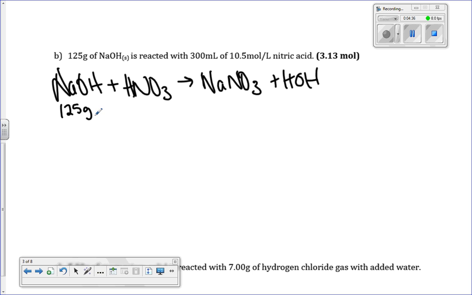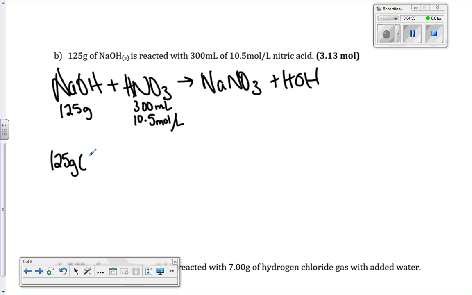We have 125 grams of sodium hydroxide and 300 milliliters of 10.5 moles per liter of nitric acid. Third step is to figure out the number of moles for each reagent.